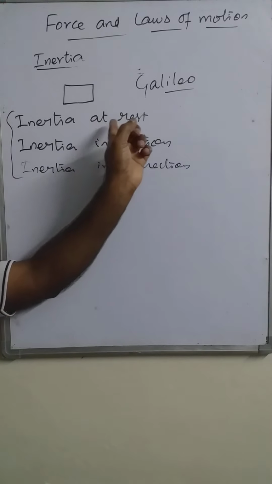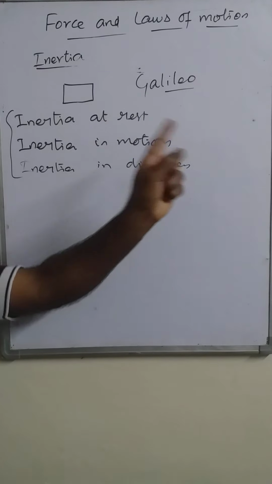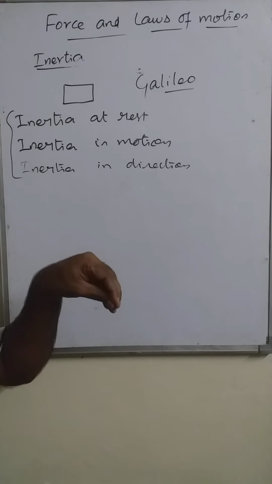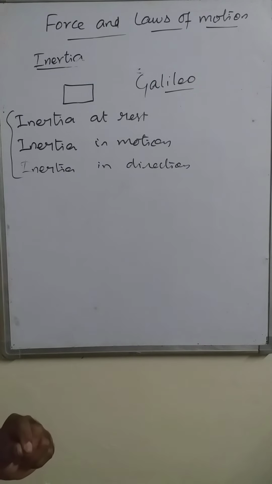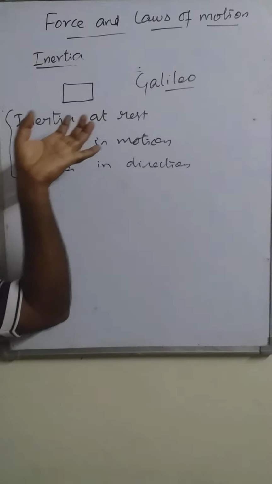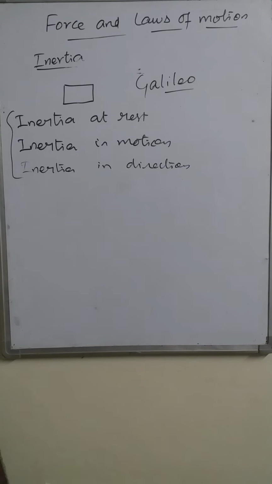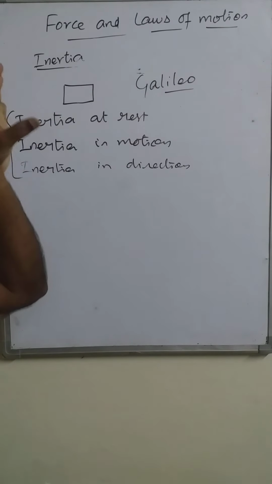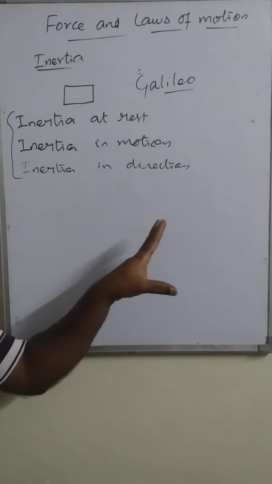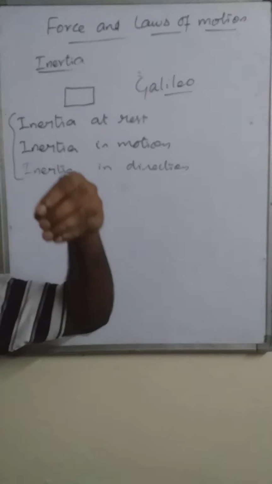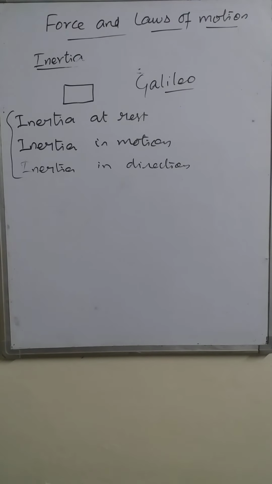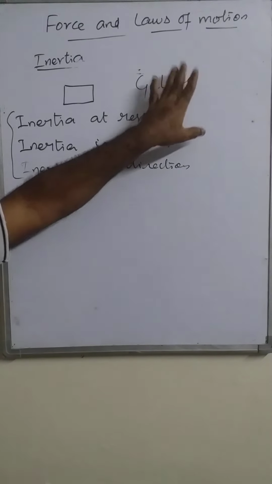Unless it is compelled by an external unbalanced force, it will not change its state. Here, one thing is to be asked: how much external unbalanced force is to be applied? That magnitude of unbalanced force required is to be calculated. From which direction that unbalanced force is to be applied? That everything has to be calculated and found. That was not given by Galileo.